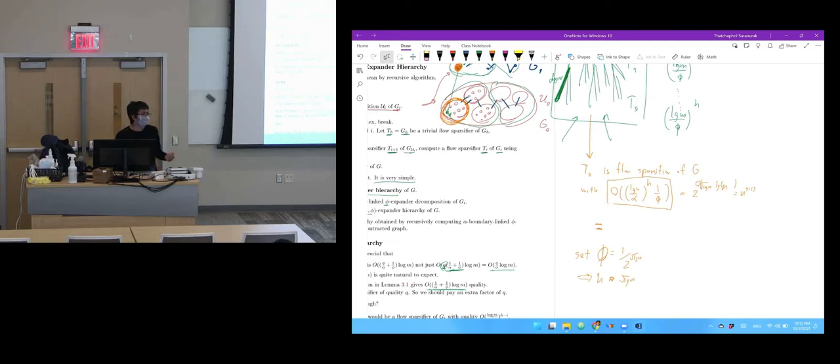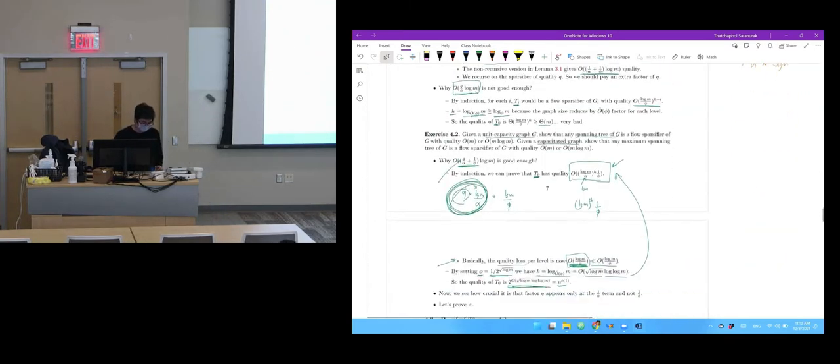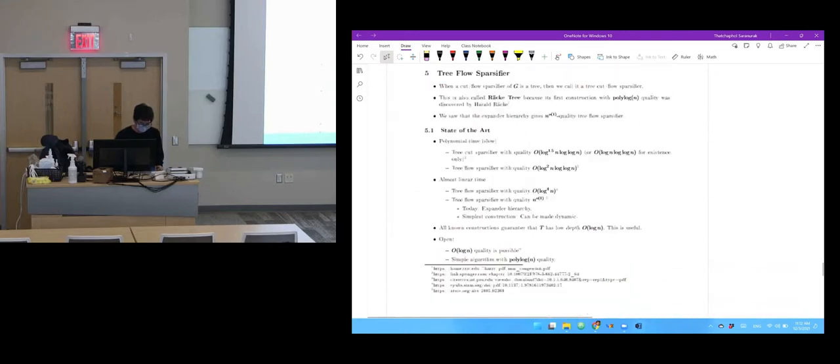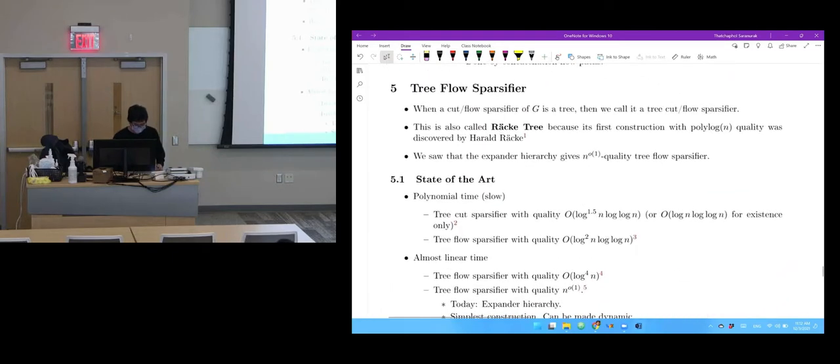Given any graph, you can find one single tree that represents that graph. When a flow specifier is a tree, it is called a tree flow specifier.